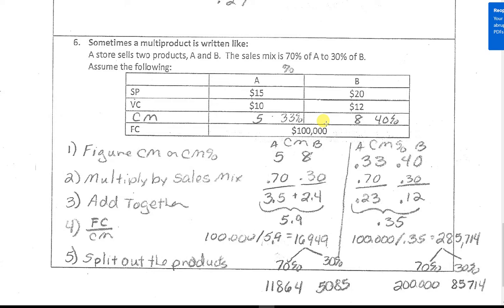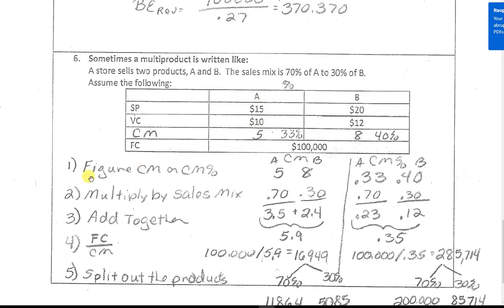So there can be more than one answer to this, although probably using the first one based on units is more accurate for this problem, because I want the selling price to be 15 and 10. Okay, so here's your steps.